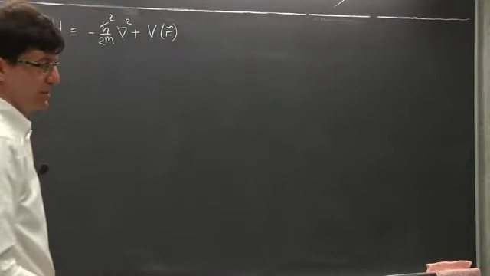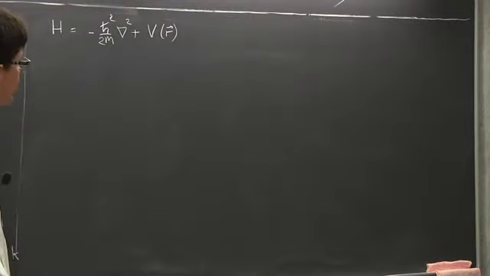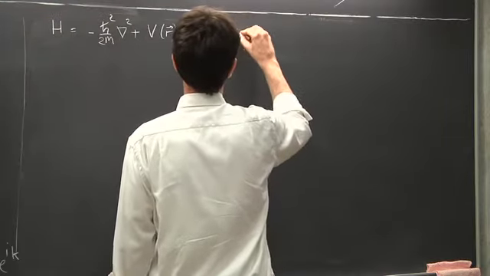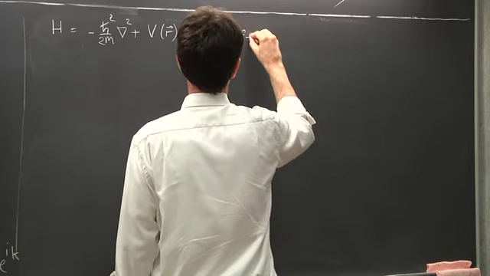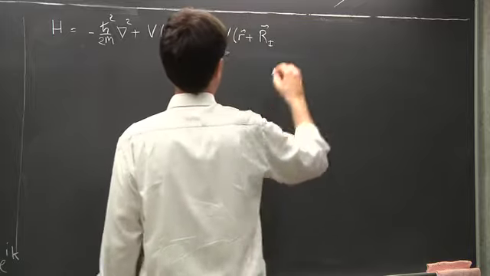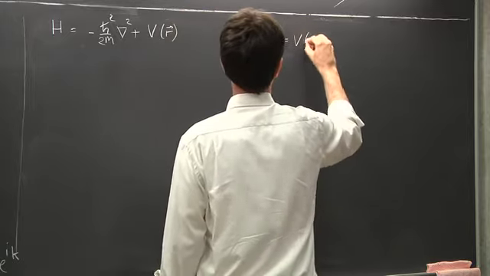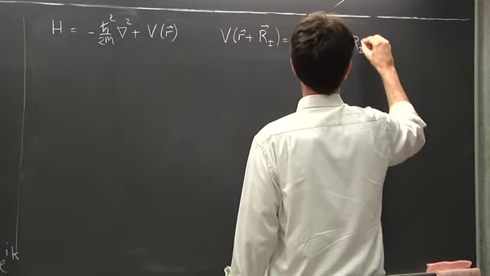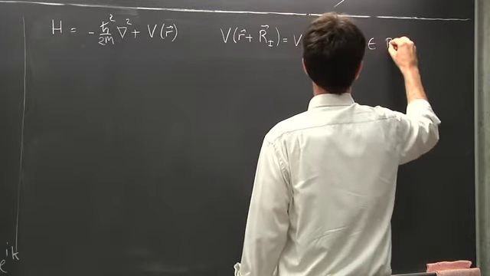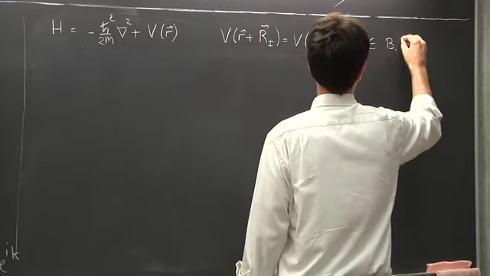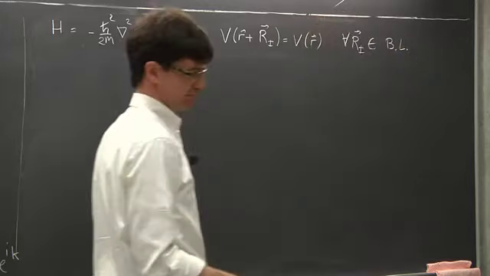It's a three-dimensional Hamiltonian, which has a very important property. V of R plus Ri is equal to V of R, where Ri, actually for any Ri, belongs to a given Bravais lattice.